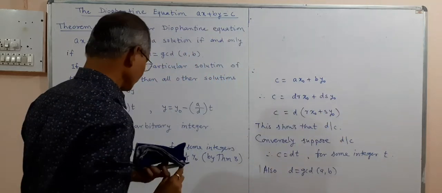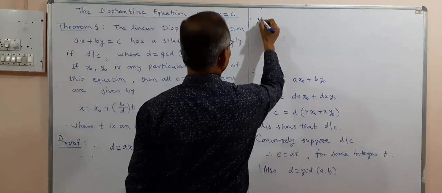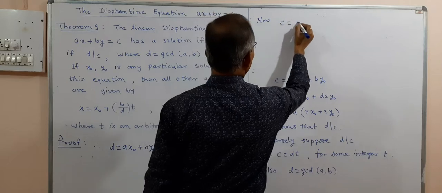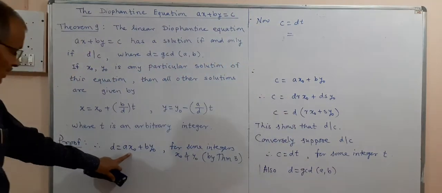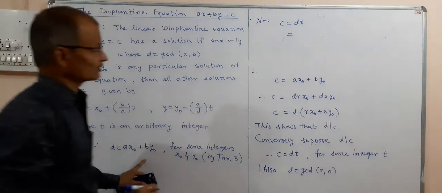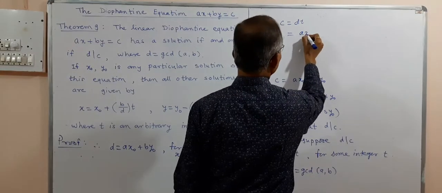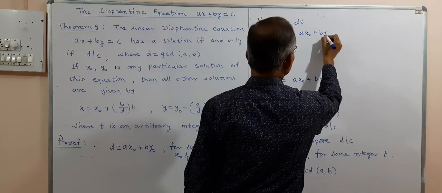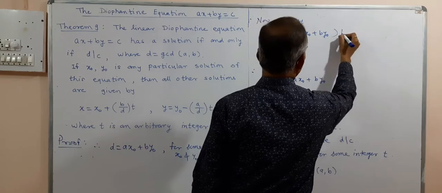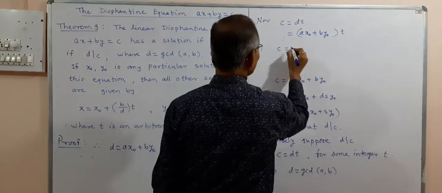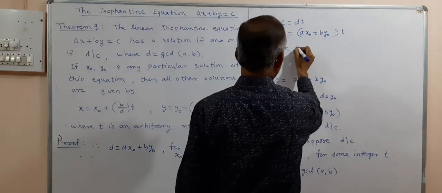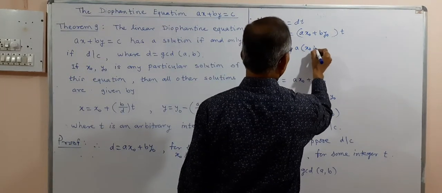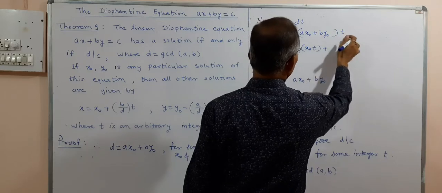Now c is d into t, and what is d, d is ax naught plus by naught, times t. So this equation can be written as a x naught into t plus b y naught into t.